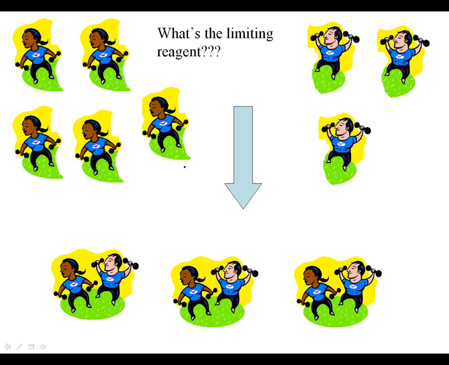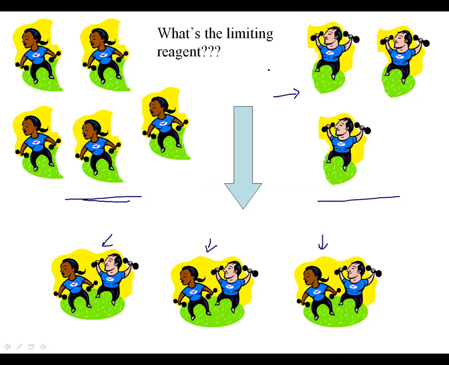So here's an example. We have guy workout buddies on that side, girl workout buddies on that side, and we need one guy and one girl to make workout buddies. We could see from this that our limiting reagent is going to be the guys here.